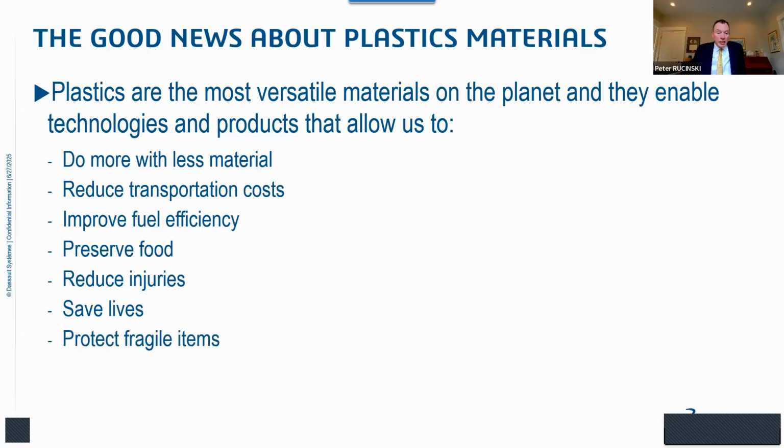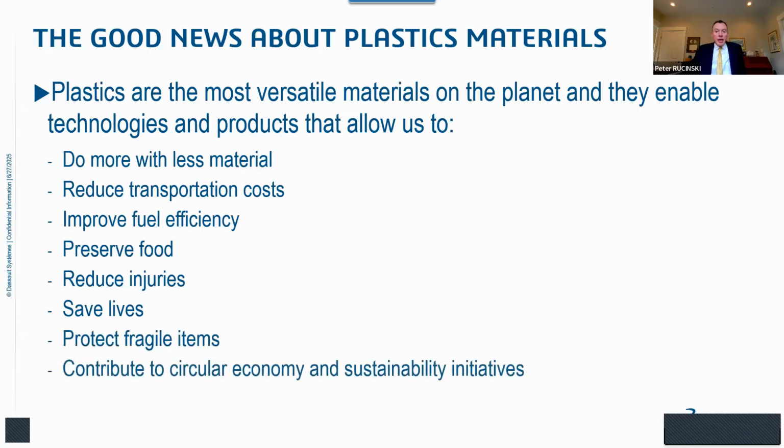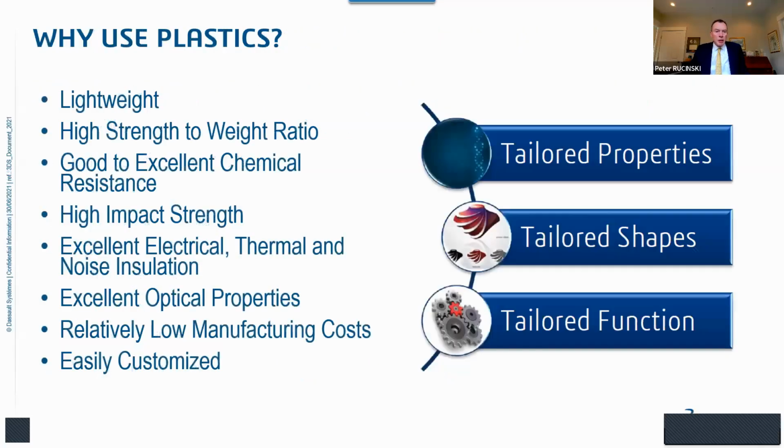They help protect fragile items in shipping, and they can certainly contribute to circular economy and sustainability initiatives. My simple takeaway there is that I often say that plastics are and will continue to be very much part of the solution and really not so much part of the problem.